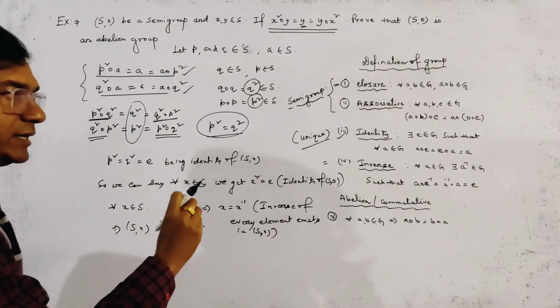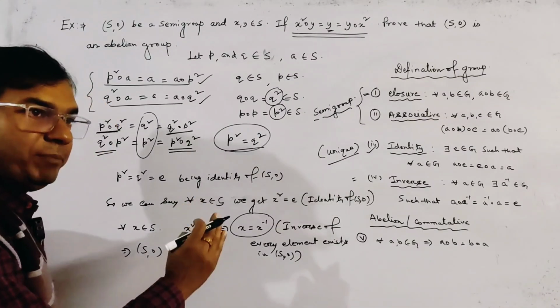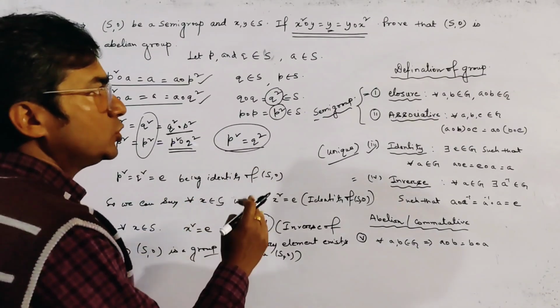Now we have to show that this is abelian. To prove abelian, we take two elements.